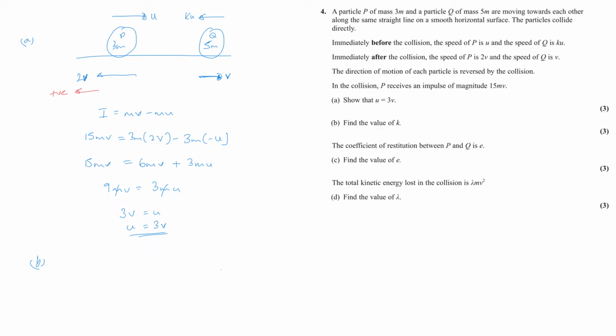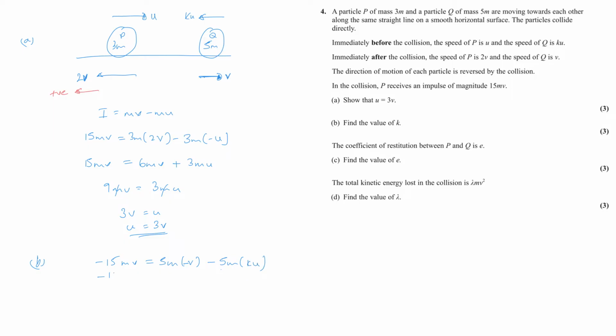If I was still taking the left as positive, I'd have 15mv as the impulse, 5m times a negative v minus 5mku, and done that.